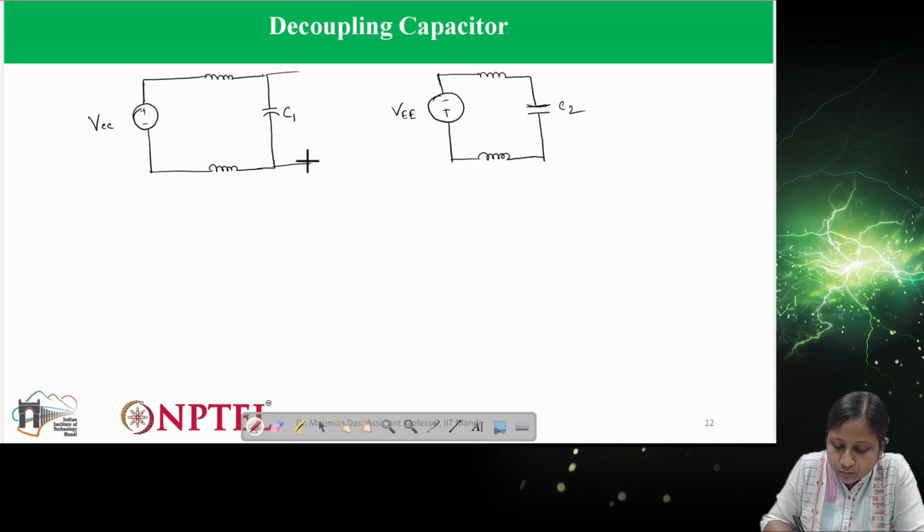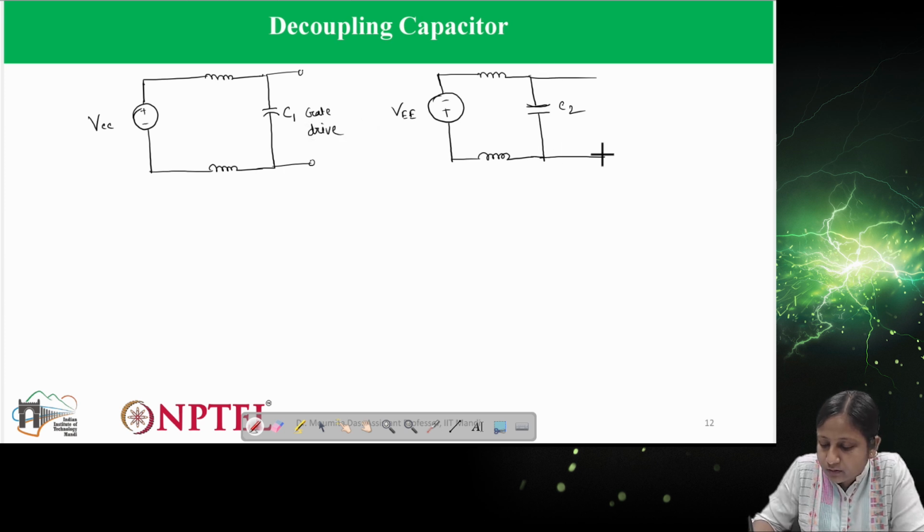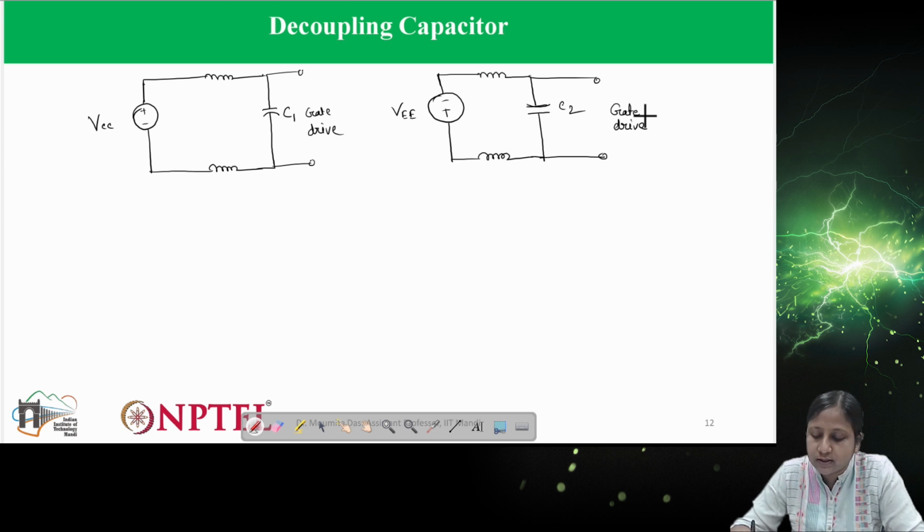This output goes to the gate drive, and similarly here also. In the previous diagram I also showed this decoupling capacitor. Either you connect a decoupling capacitor and minimize the ringing, or you can remove it, but it is always advisable to connect a decoupling capacitor for high frequency operation.